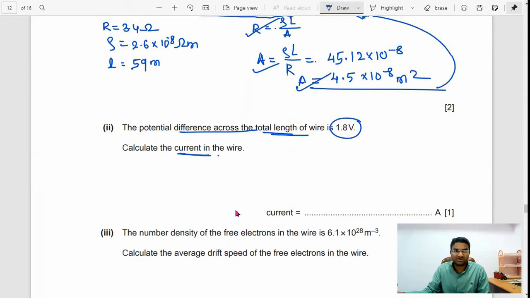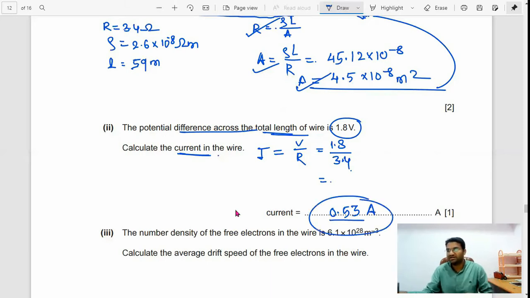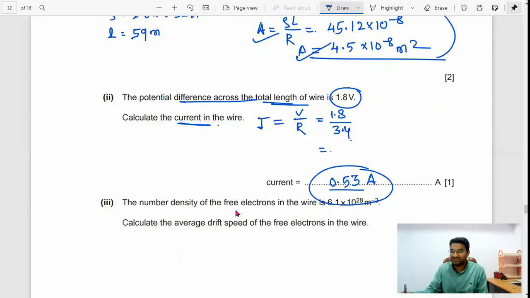To calculate the current, we have a formula: I is equal to V over R, voltage over R. So voltage we have 1.8 over 3.4, so you will easily get the direct answer, 1.8 over 3.4, which is equal to 0.53 ampere. Ampere is already written, so you can directly mention 0.53 ampere current. Got it?